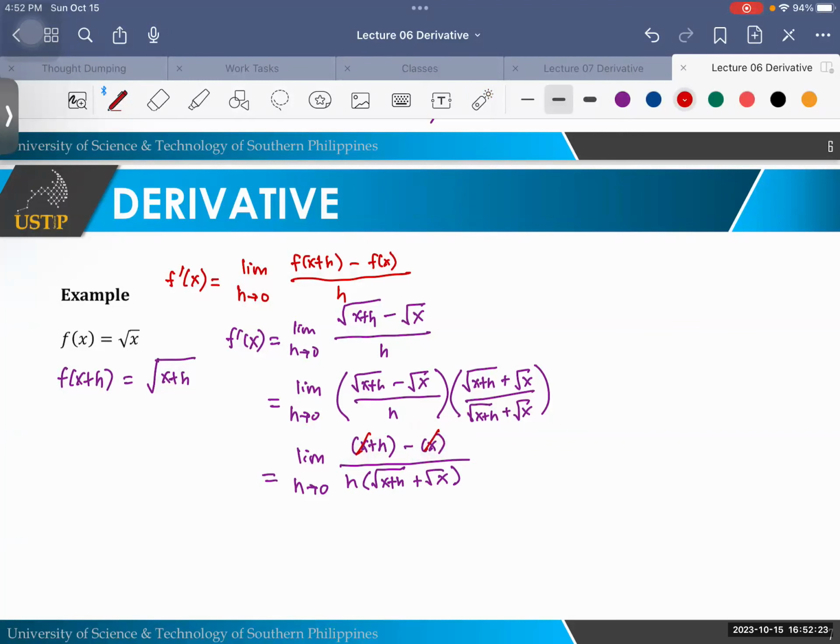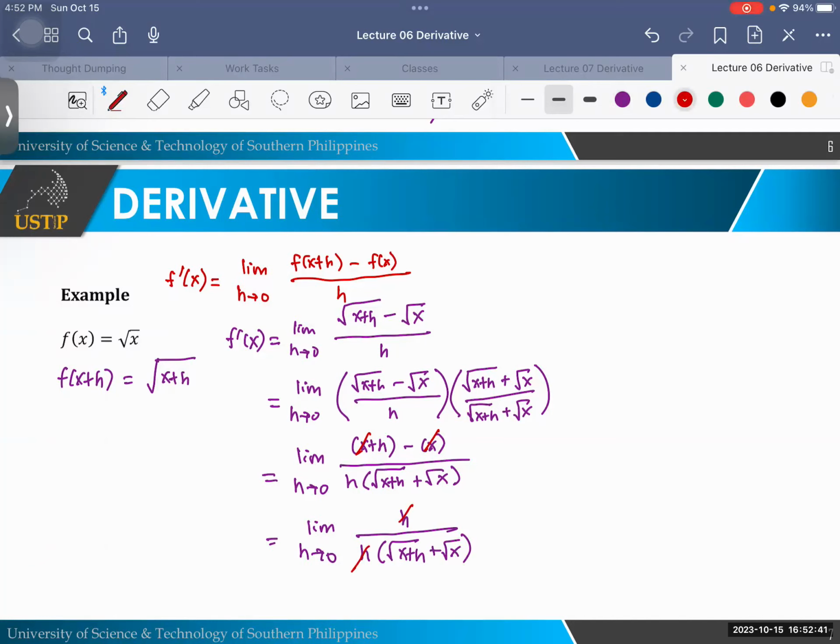So what remains in the numerator is positive h. That would be positive h all over h times square root of x plus h plus square root of x. So, that will be cancelled with the h.